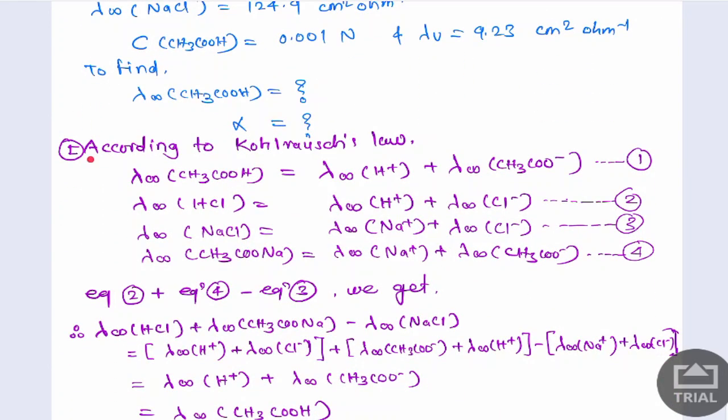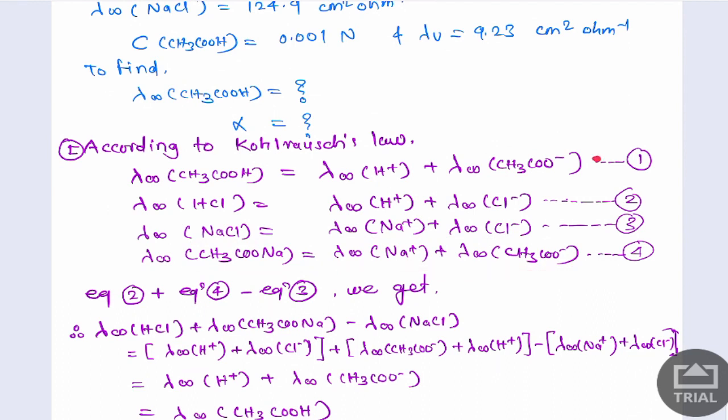According to Kohlrausch law, the equivalent conductance at infinite dilution of acetic acid is equal to lambda infinity of H plus plus lambda infinity of acetate ion. Similarly for HCl it is lambda infinity of H plus plus lambda infinity of Cl minus, and similarly for NaCl and for sodium acetate.